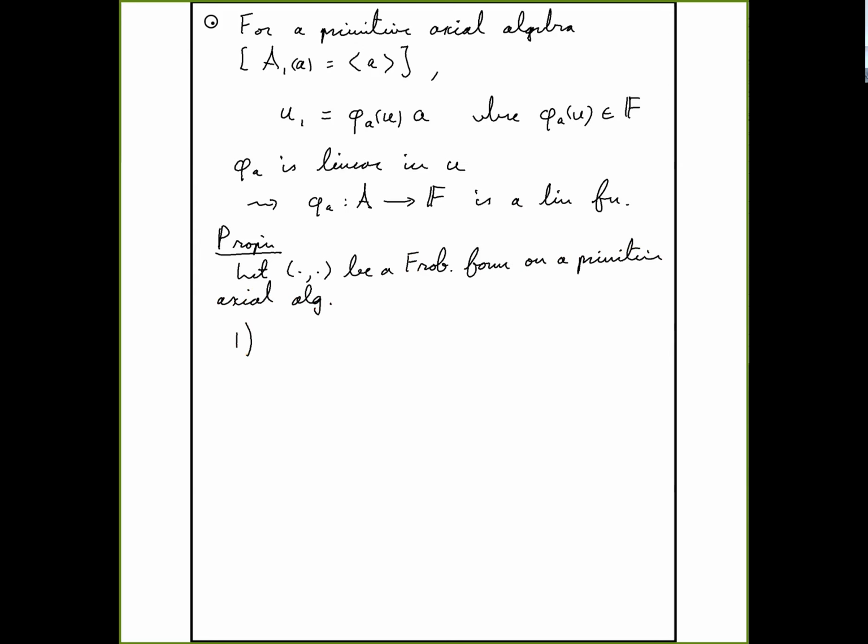Then what do we have? Well, the first thing here is that if I take some axis and some other element u, then the value of this is exactly this projection which I've just defined times the value on the axis.